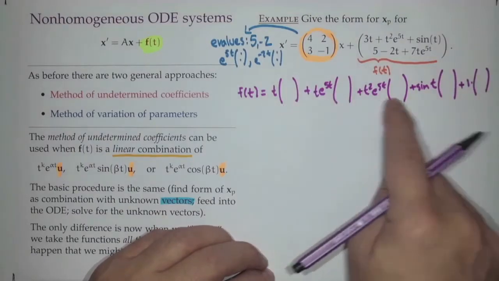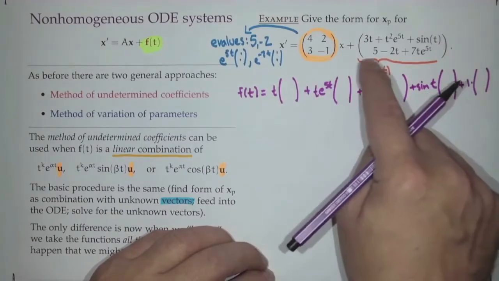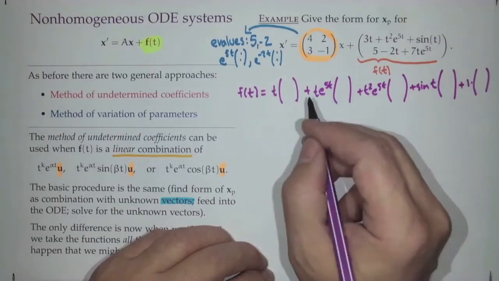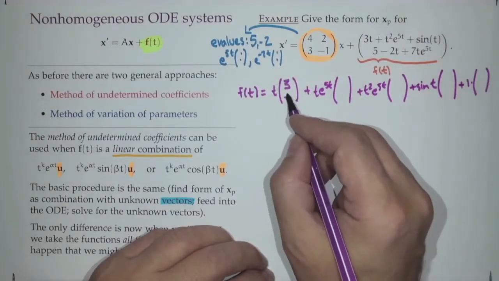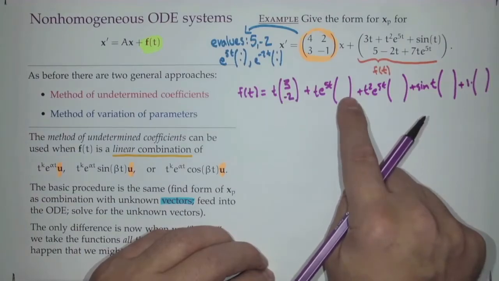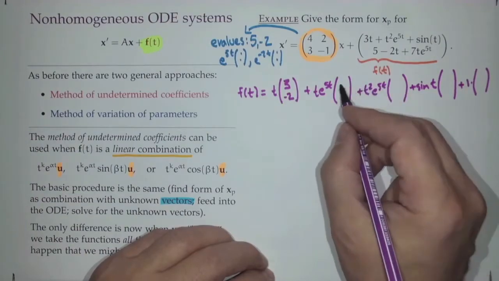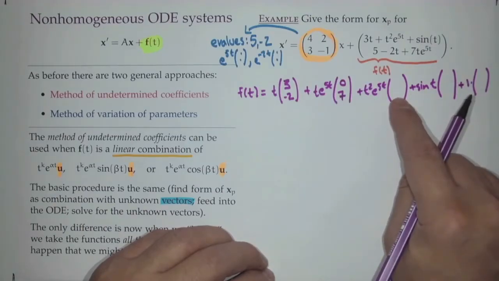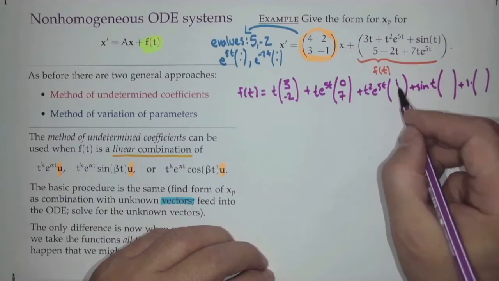So let's fill in the vectors. For t, what's attached to the t in the top and the bottom? 3, negative 2. How about t e to the 5t? 0, 7. T squared? 1, 0.